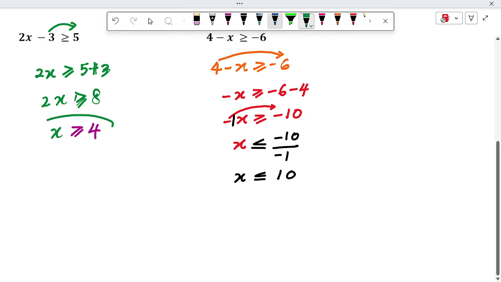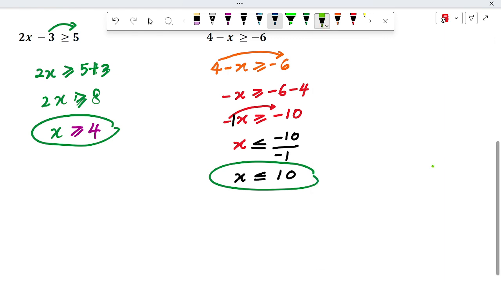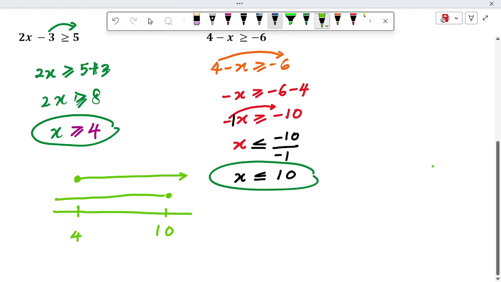Now, since you already got both your answers 1 and 2, you can draw your number line. Let's label 4 and 10. X more or equals to 4, so on your right side; x less or equals to 10 on your left side.